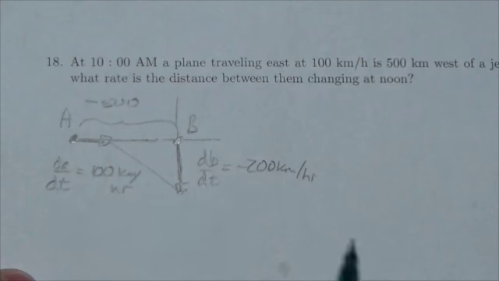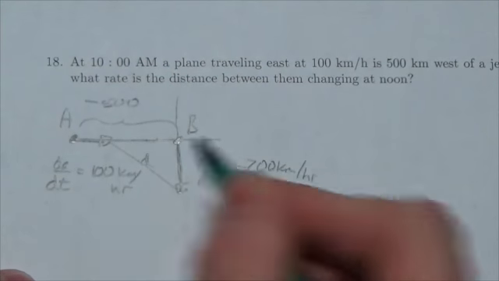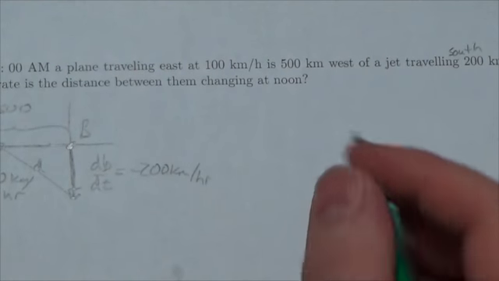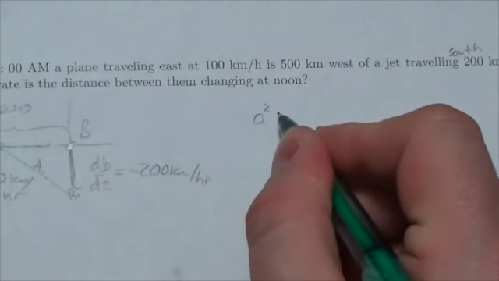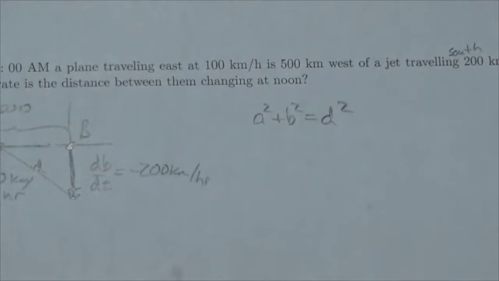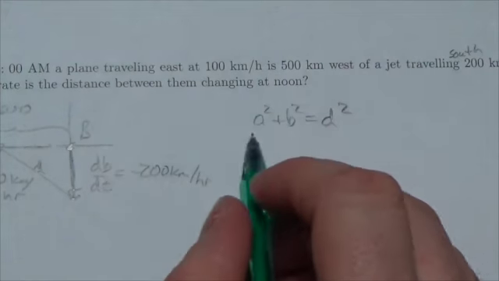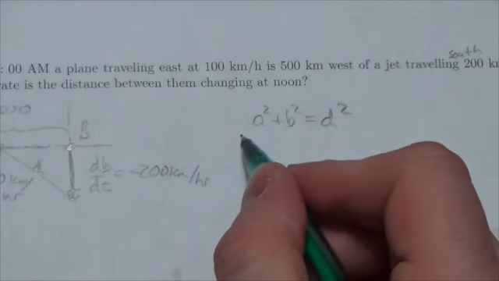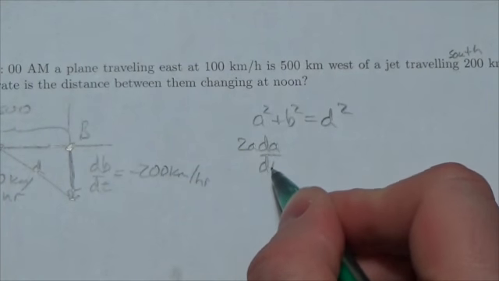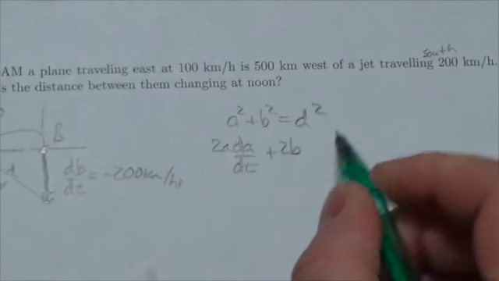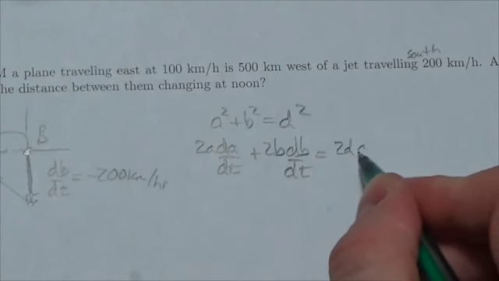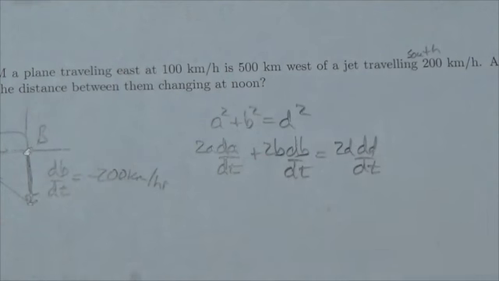We want to know how fast the distance between them is changing. We'll call that d. So a squared plus b squared is equal to d squared. These are all variables changing in time, so I will take the derivative with respect to time. 2a dA by dt plus 2b dB by dt equals 2d dd by dt.